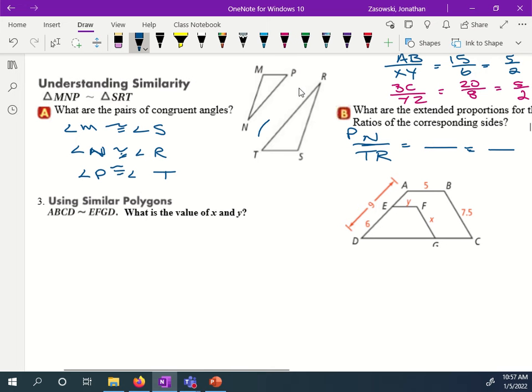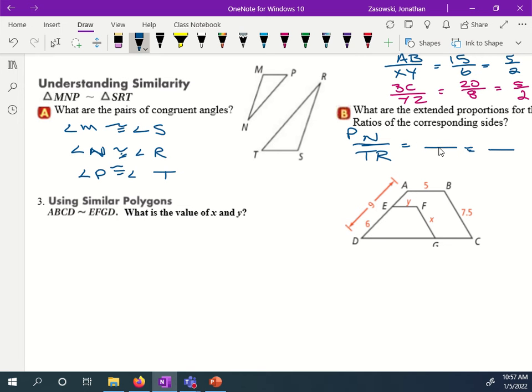PN. Perfect. So we're comparing PM to TR. That is totally fine. Now, once Annika picked that ratio, she has set the order the other ones have to go in, okay? I automatically know that I have to have a certain one on the top here, right?